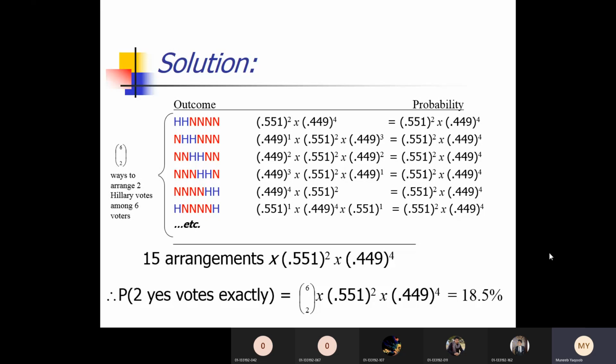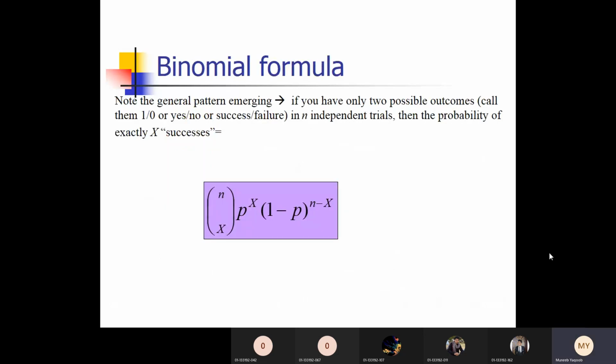We can write it as probability of capital X equals 2 equals 6C2 multiplied by P power 2 into Q power n minus 2. Okay. Now, this is the formula for the binomial distribution, where on the left of this formula, one must write the probability of capital X equals small x, which is known as the binomial probability.